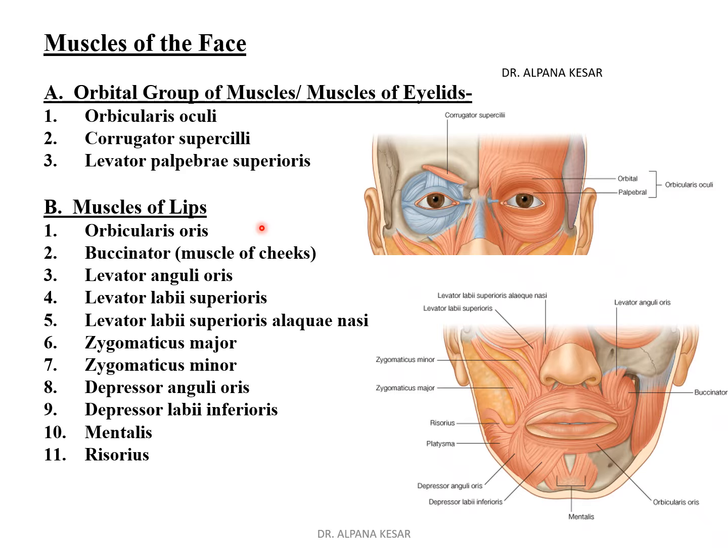Muscles of the lips: orbicularis oris, buccinator, levator anguli oris, levator labii superioris, levator labii superioris alaeque nasi, zygomaticus major, zygomaticus minor, depressor anguli oris, depressor labii inferioris, mentalis, and risorius.